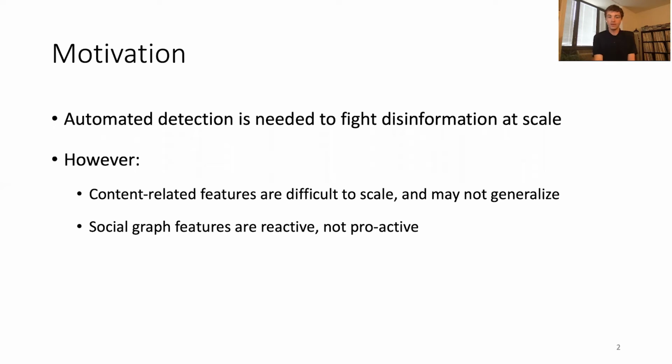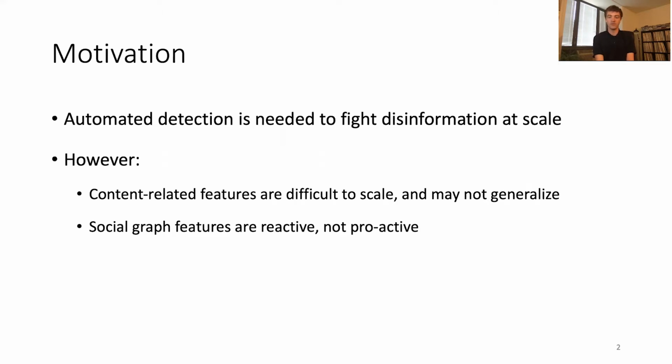So, automated detection is needed to fight disinformation at scale. The problem is that fact checkers can't keep up with disinformation websites on their own. There's simply too many posts being made to social media to manually label each post. However, automated methods in previous work that focus on article content are difficult to scale, since new unverified claims are constantly being released about current events.